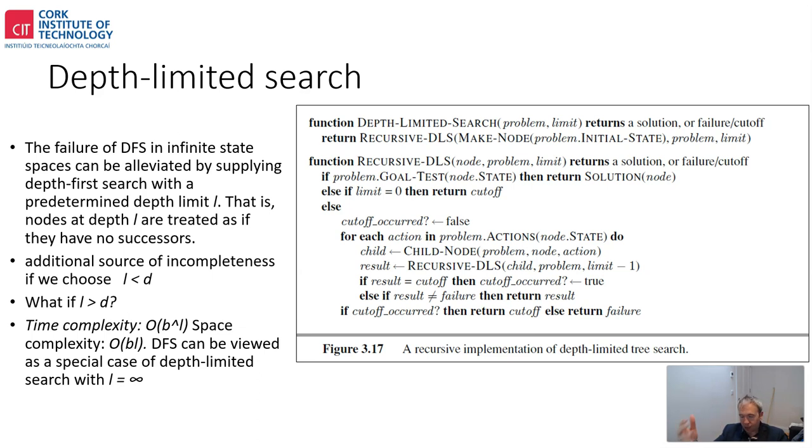But then we can add other sources of incompleteness. If we choose a limit that is lower than depth d, where d is the shallowest goal node we're looking for, that introduces a problem because the shallowest goal node will be beyond the depth limit. And again, this is likely when we don't know d, the depth of the shallowest goal node.